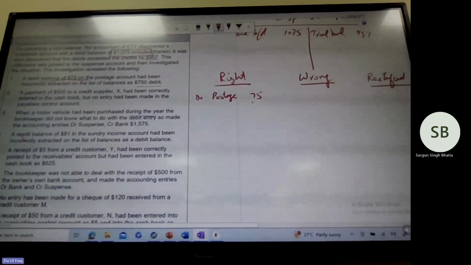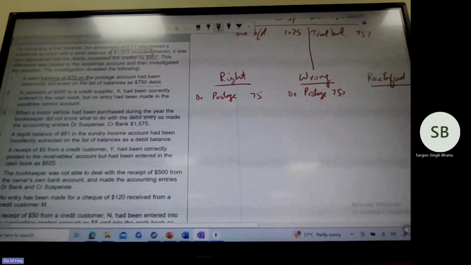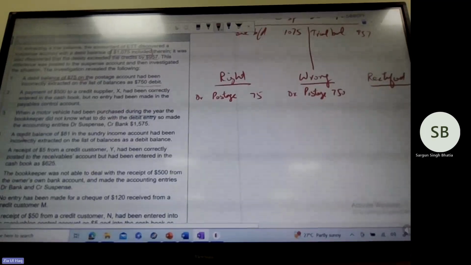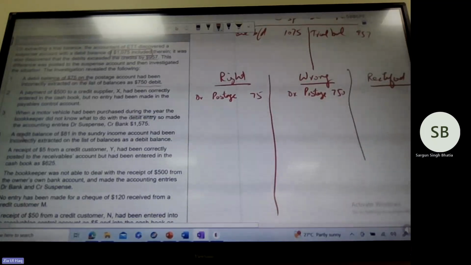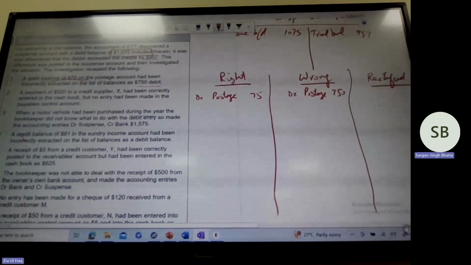Instead of debit postage 75, what have we done wrong? We have debited postage with 750 instead of 75. This means this should have been done, but we have done this. We have recorded postage more.